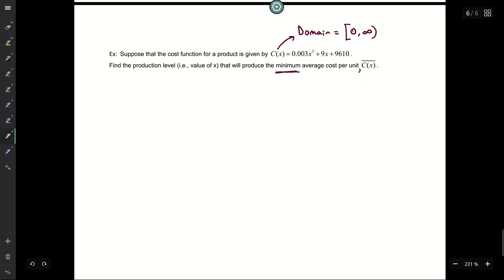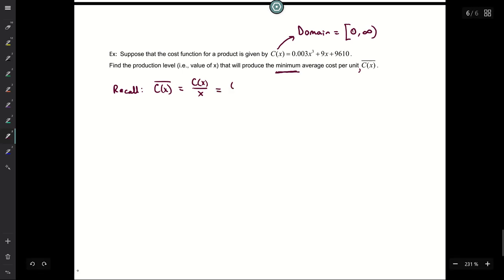And remember that average cost means you're going to take the cost function and you're going to divide by x. So I'm going to put that as a recall. So c of x with the bar on the top, that means average cost, and it's found by taking the cost function and dividing by x. Let's go ahead and do that for this particular example.